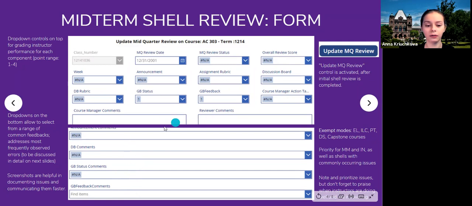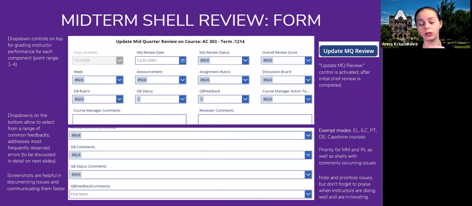I would say that even though the drop-down controls are very straightforward, I still use the reviewer comments once in a while to specify where exactly the issue occurred. Also, I find the screenshots very helpful in documenting issues, because since the course shells are enabled only for a certain time frame, screenshots provide evidentiary support about the instructor performance.